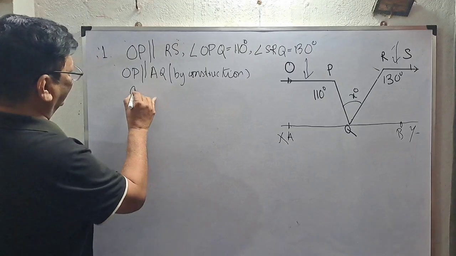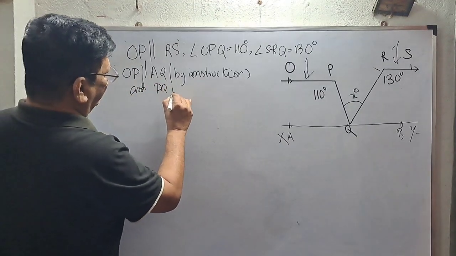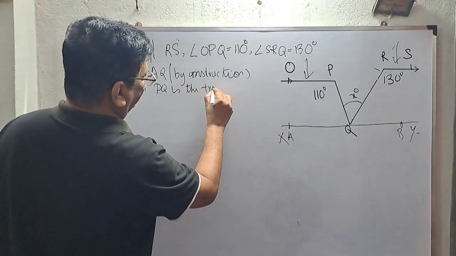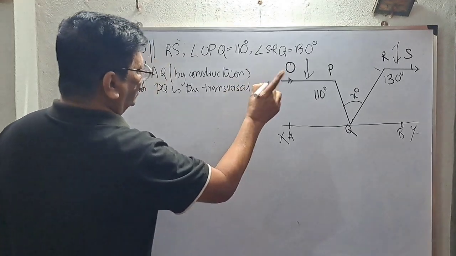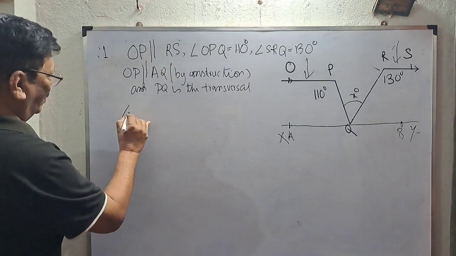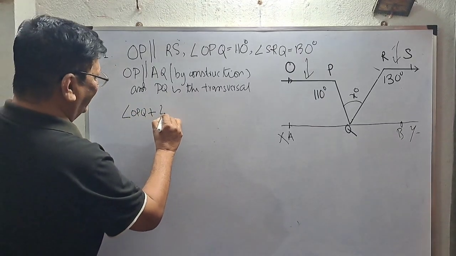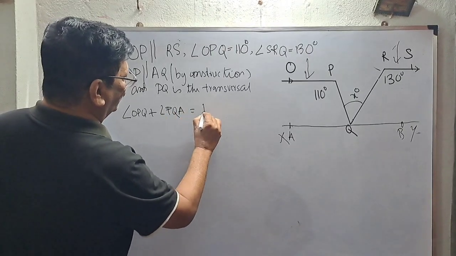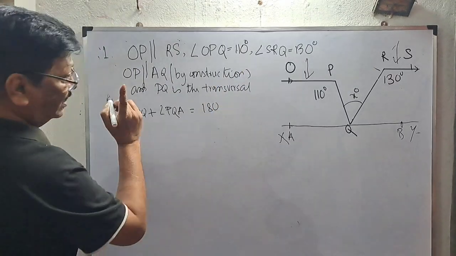and PQ is the transversal. Right? So we can write angle OPQ plus angle PQA is equal to 180 degree. Now we know the value of angle OPQ, therefore we can replace it.